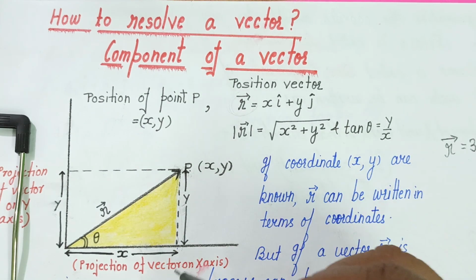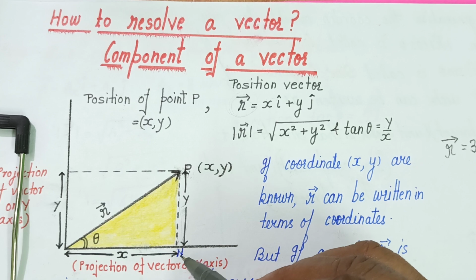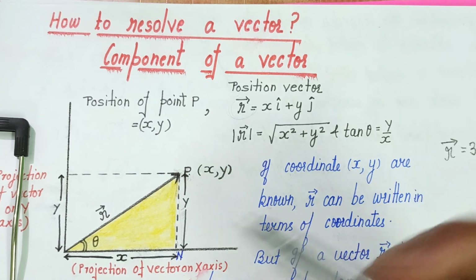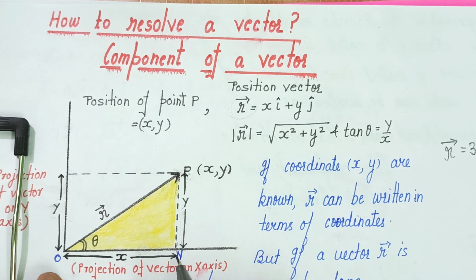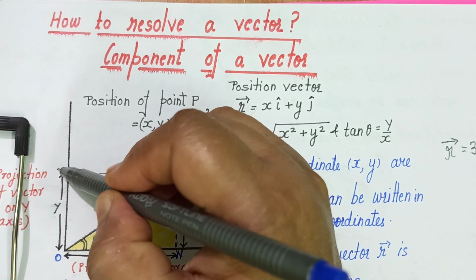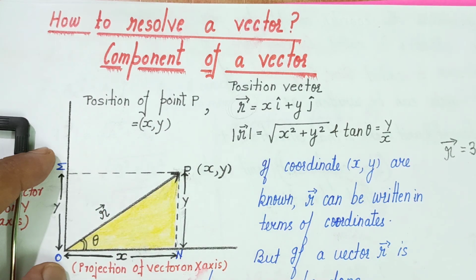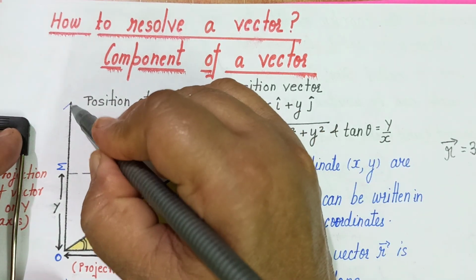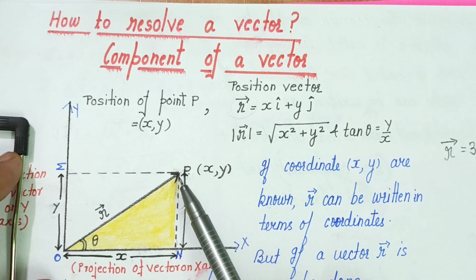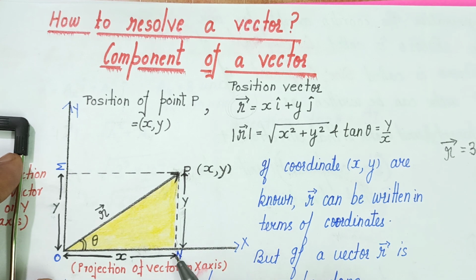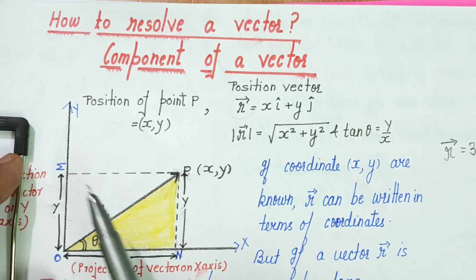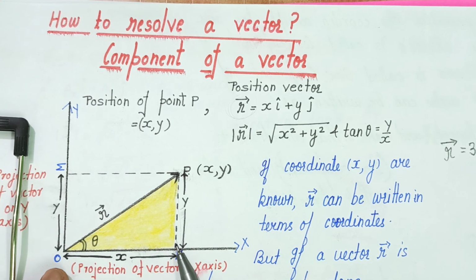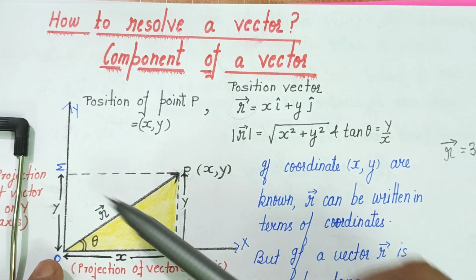On x-axis, the perpendicular touches the x-axis at N, and I get a length ON, which is x unit in x-axis direction, and I get a length OM, which is y unit in y-axis direction. Are you getting this point? What I did was drop a perpendicular from point P on x-axis and from point P on y-axis, and I got these lengths ON and OM.